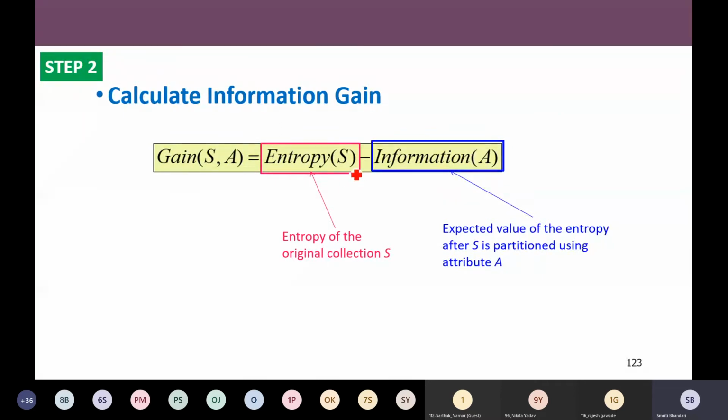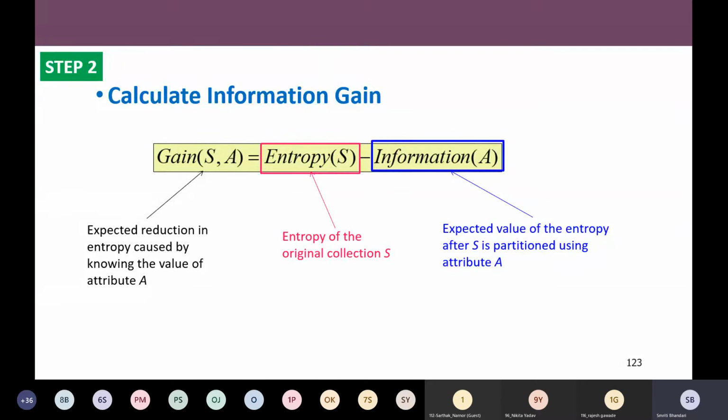After having this, the difference between entropy of S and information of A will provide us the gain. So gain S comma A represents the expected reduction in entropy caused by knowing the value of attribute A.